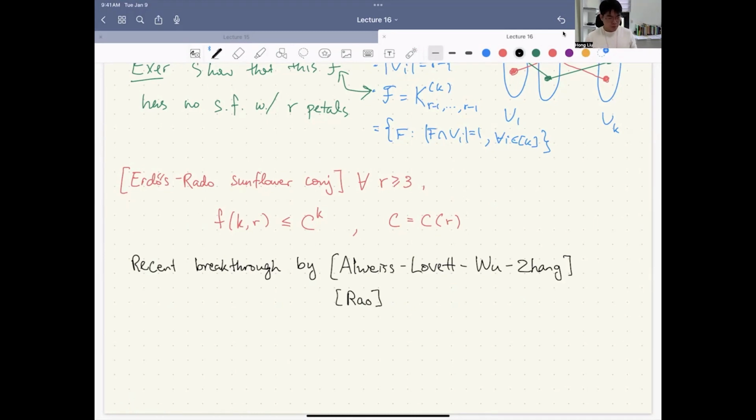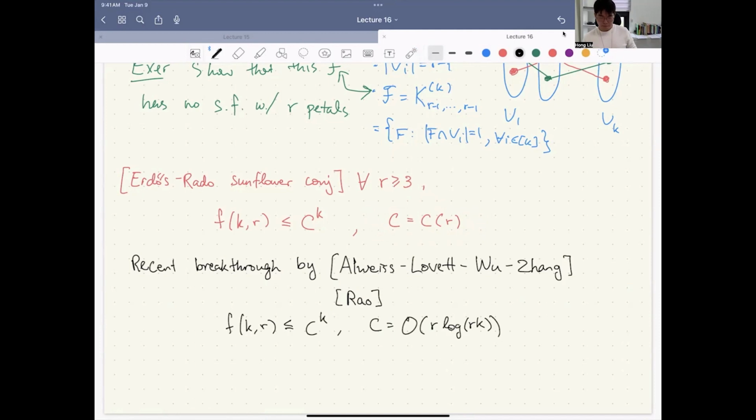So the current bound is f_K(R). They prove f_K(R) is at most, rather than some constant to the power K, something like C to the K, where C is R times log RK.